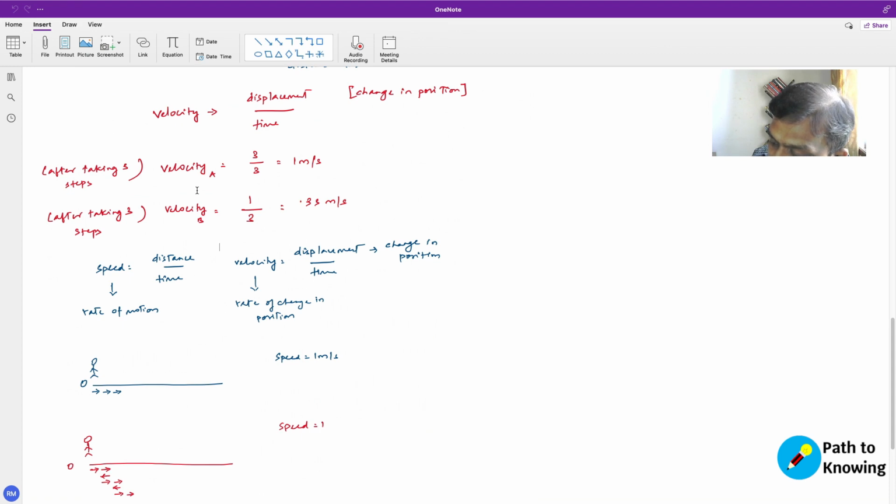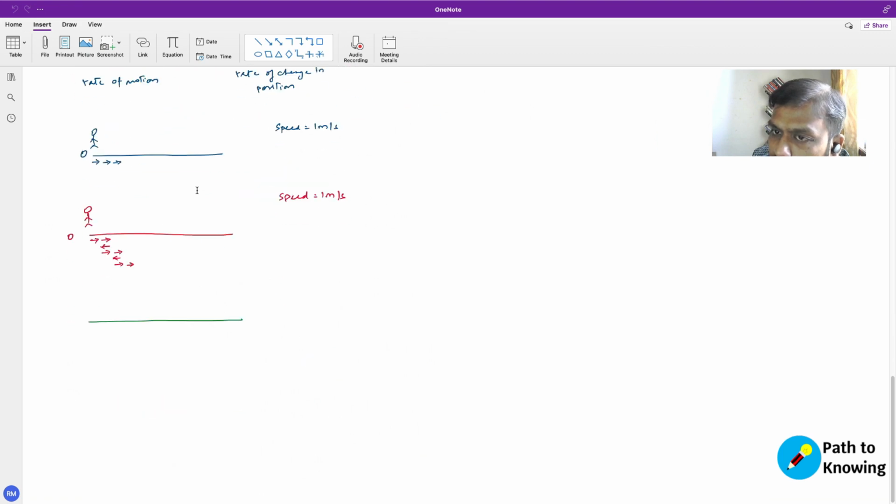Now let's consider the third person, who has an even more different behavior. For every second step, the third person goes back not just one step, but 3 steps. Which means, after taking the second step, this person moves back 3 steps.